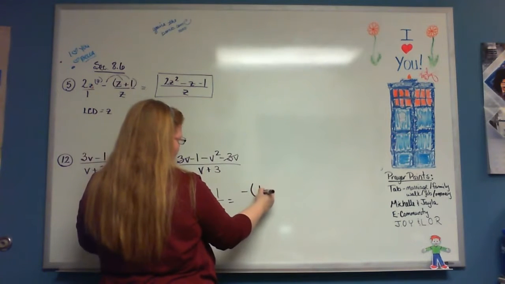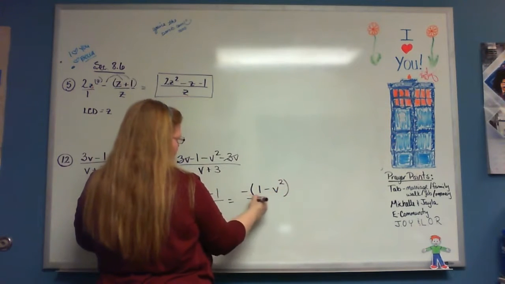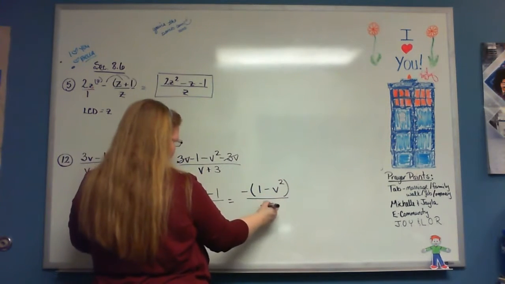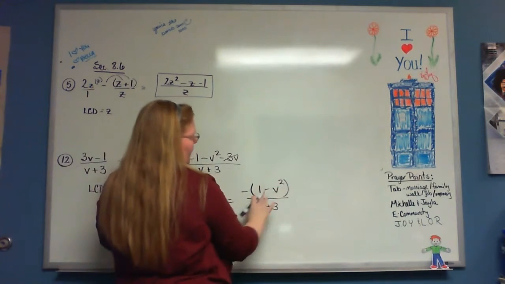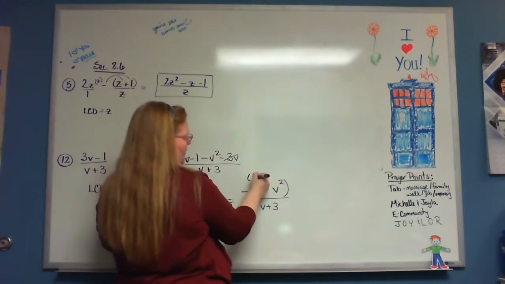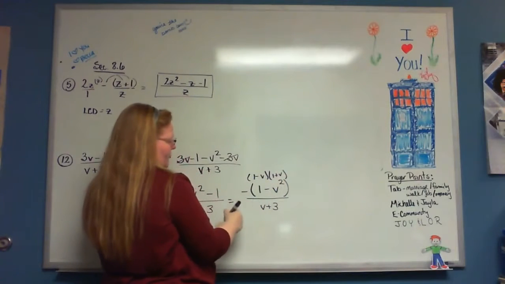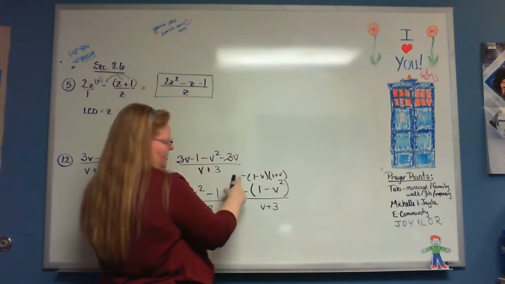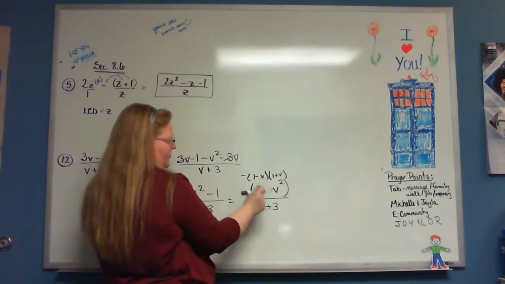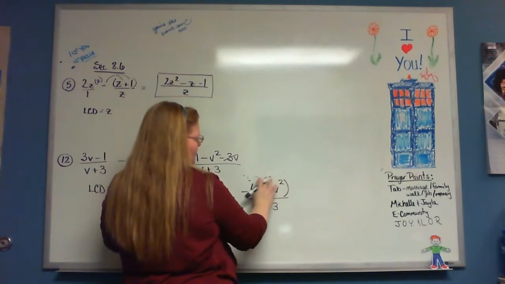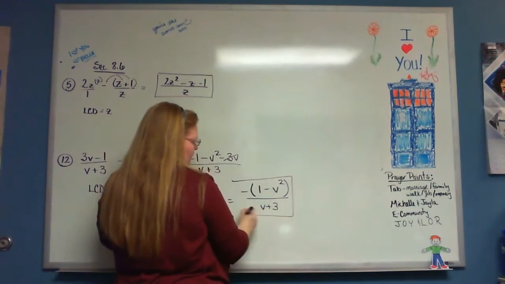So I'm left with 1 minus v squared over v plus 3, which it's true that this will rearrange, and I can get a 1 minus v and a 1 plus v if I factored it, with the negative still out front. But none of that cancels with anything down here. So the factoring didn't really help me out. So if it doesn't help me out, there's really no need to worry about doing it.